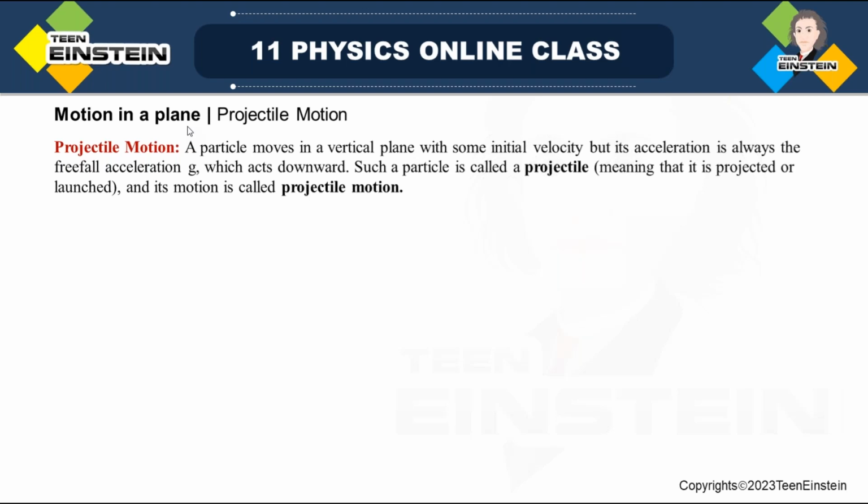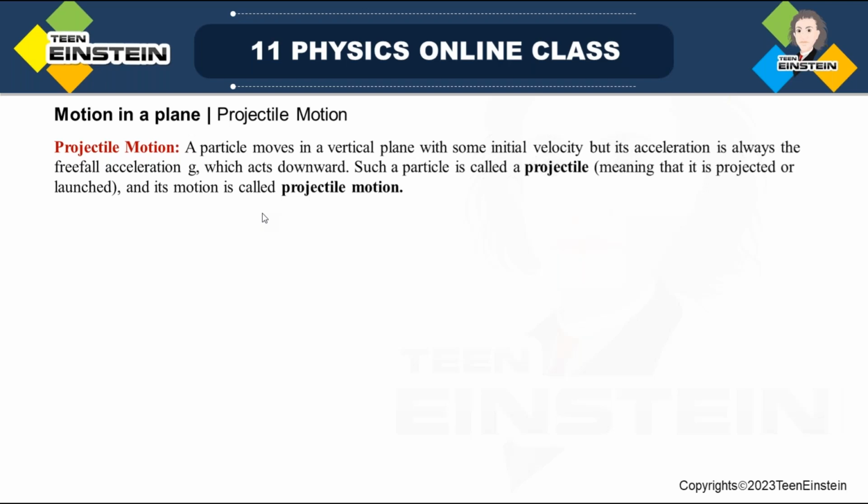And how do we define projectile? What is a projectile? Projectile is a particle which moves in a vertical plane with some initial velocity, but its acceleration is always free fall acceleration, which is acceleration due to gravity g, and that will act in the downward direction.